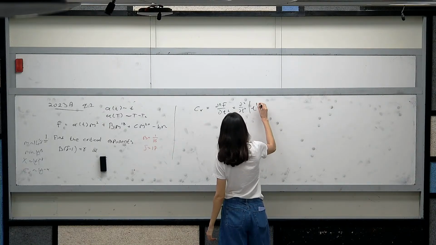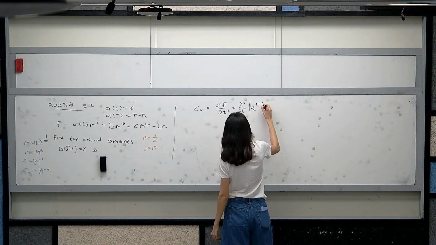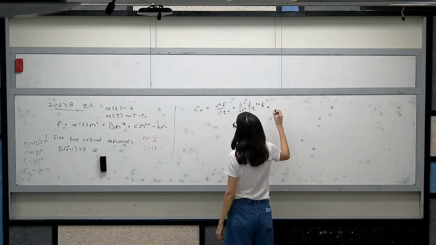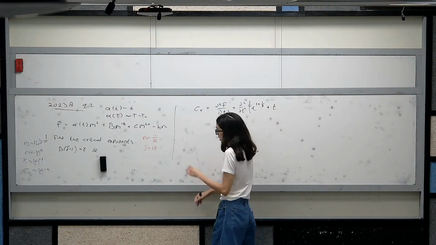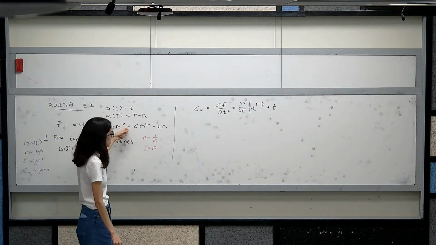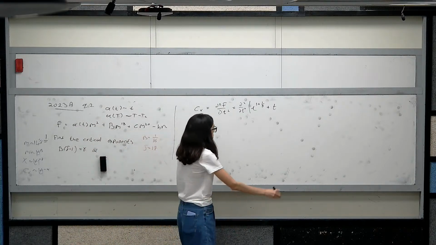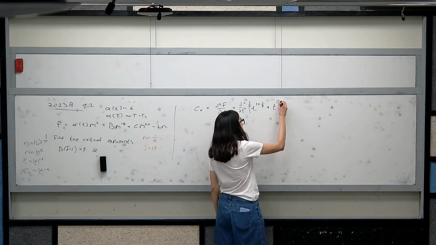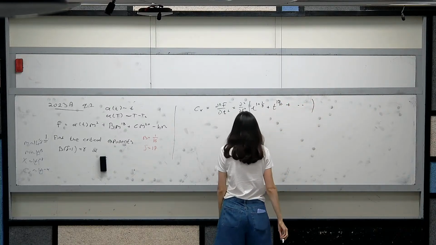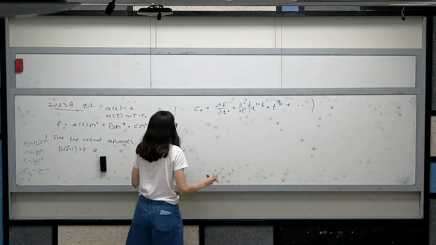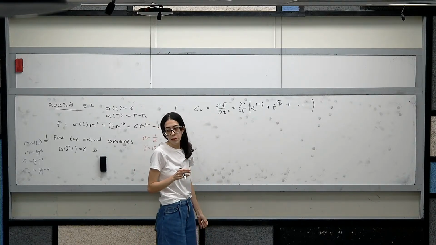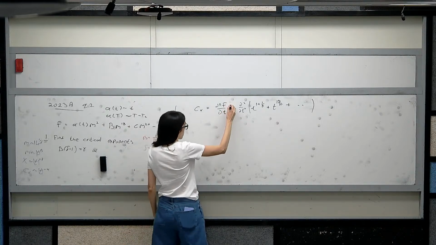So this is 1 plus 1 over 8, plus M to 18, so again T to the power 18 over 16, plus some higher orders. Here too, H equals 0.